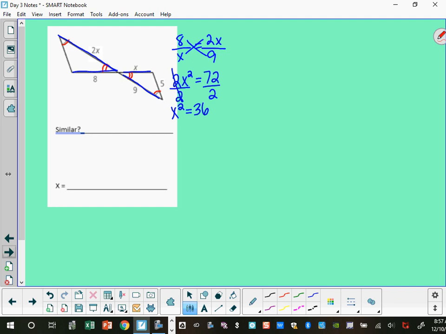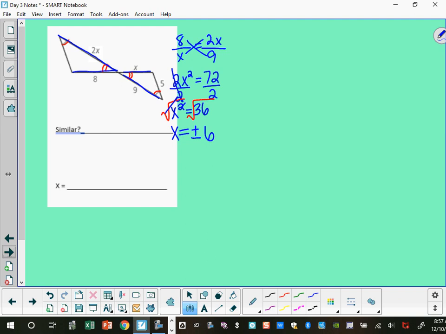How do I undo a square? You can take the square root on each side. So my square and my root are gone, so I have x is equal to plus or minus. In your calculator, type in square root of 36. We'll see if we get a perfect number. We get 6.